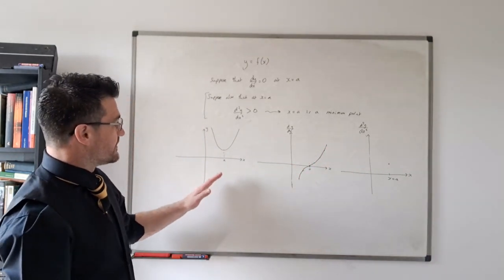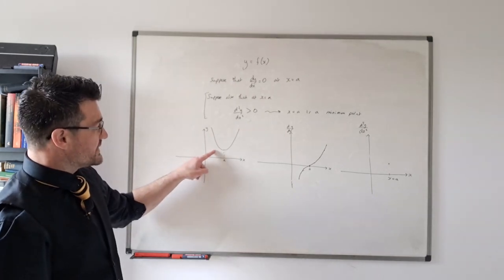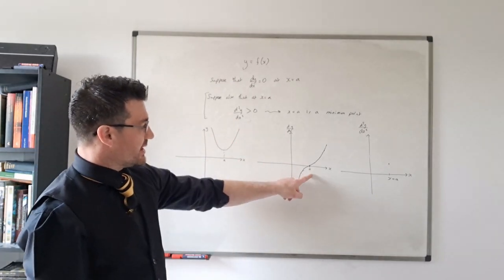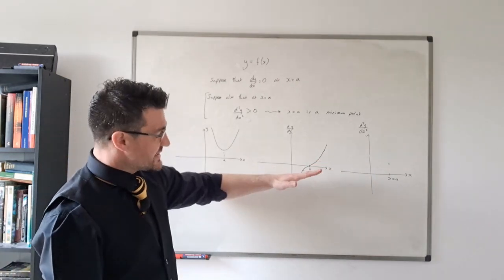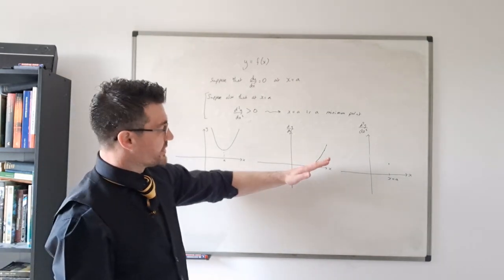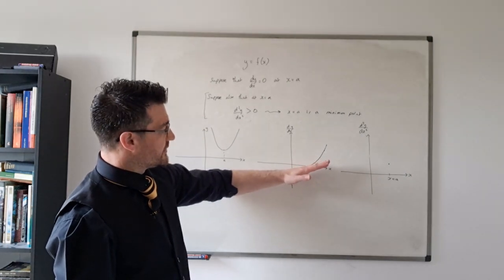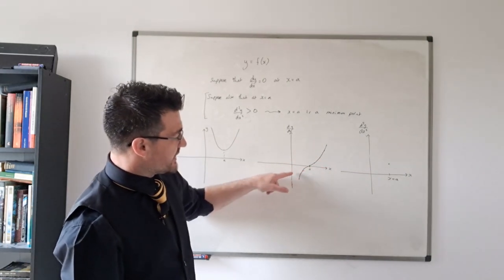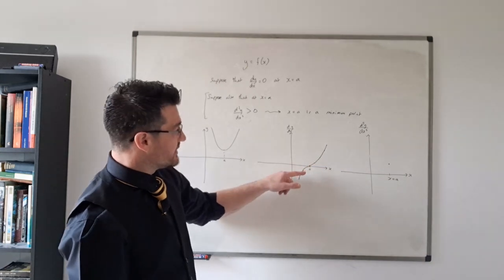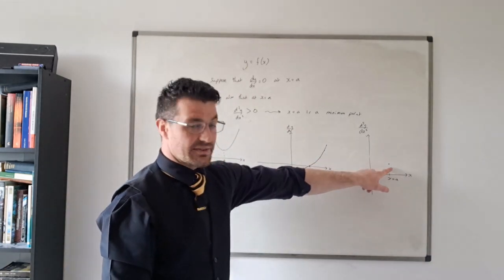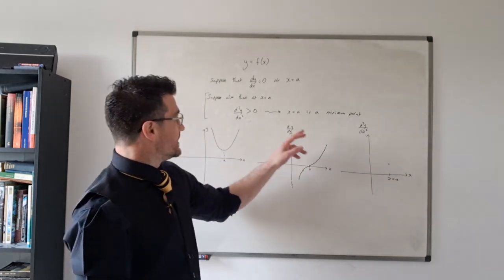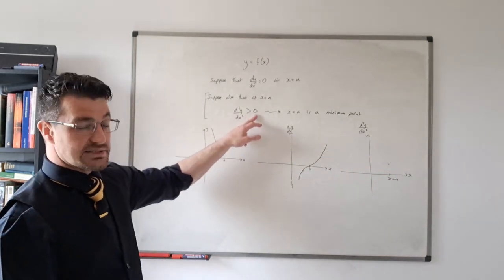So in other words, when we've got a minimum point, dy/dx is equal to 0 at x equals a, but because the gradient of the gradient function at x equals a is positive, we get a point here. In other words, d2y/dx squared is greater than 0.